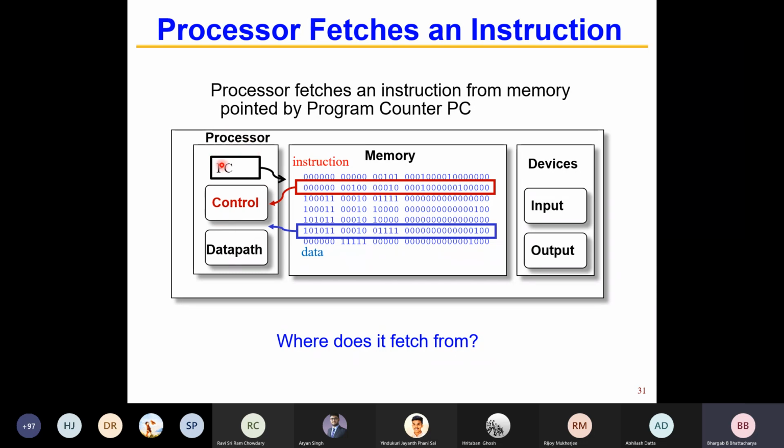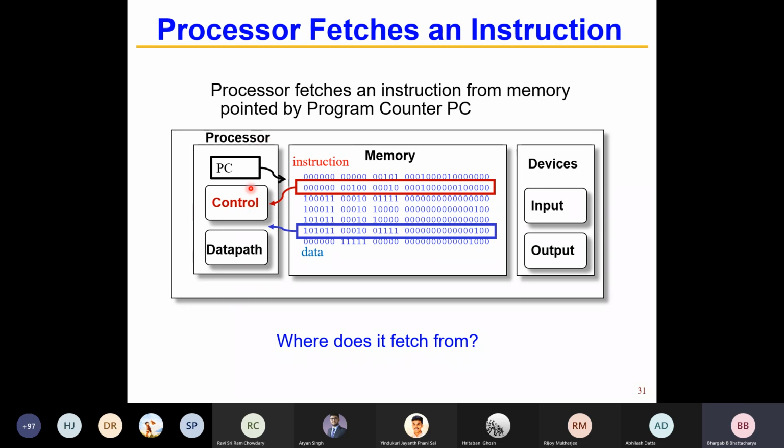Now the processor, whilst executing this program, first looks into the program counter and sends this address to memory. So it points to a memory location and retrieves its content. Initially, it knows that this is the first time you are accessing the memory, so this should be an instruction. The content of the memory location is returned to the processor.